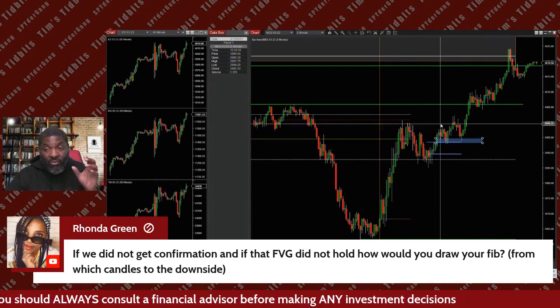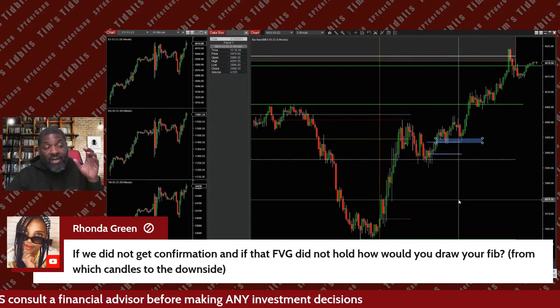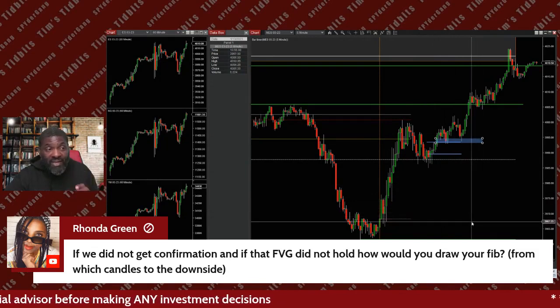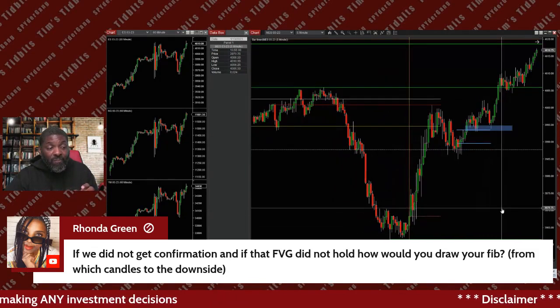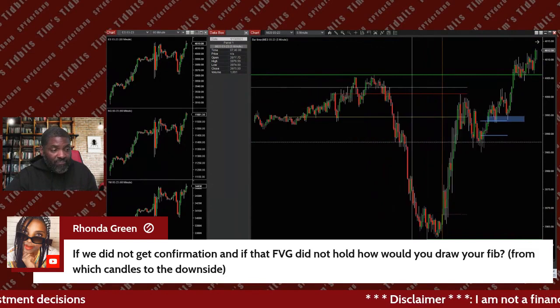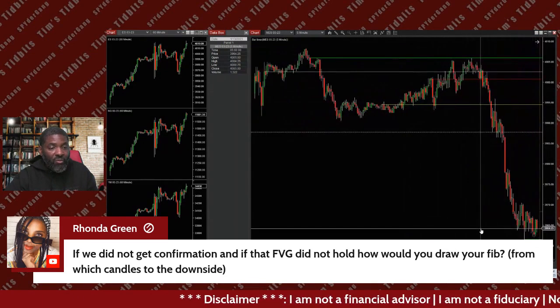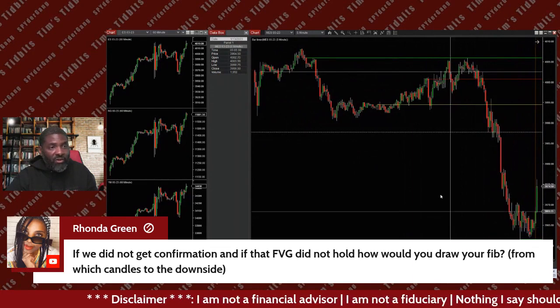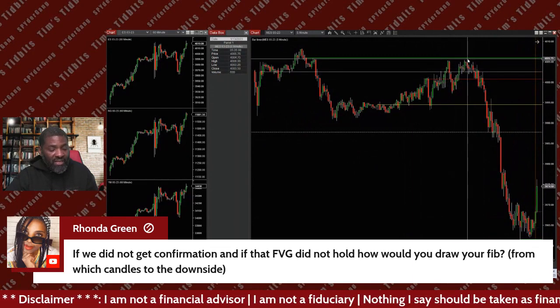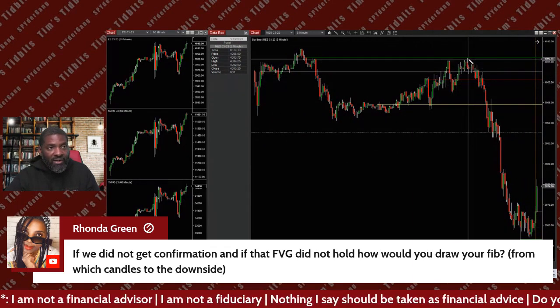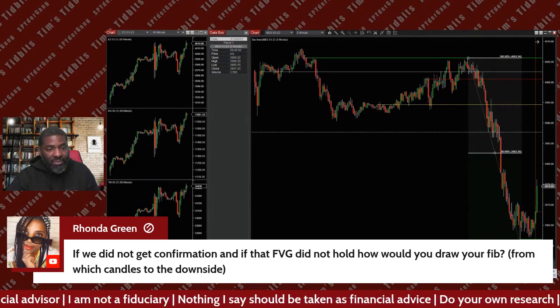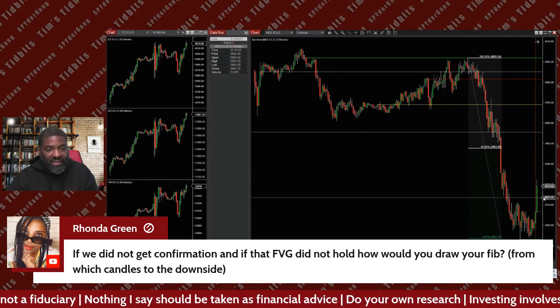The only way I would run fibs to figure out where to run it for the downside is if we, like, just take this for example, right? This for example, I don't know this is going to reverse right there. I would take fibs and run it from here and put the 50% down there.